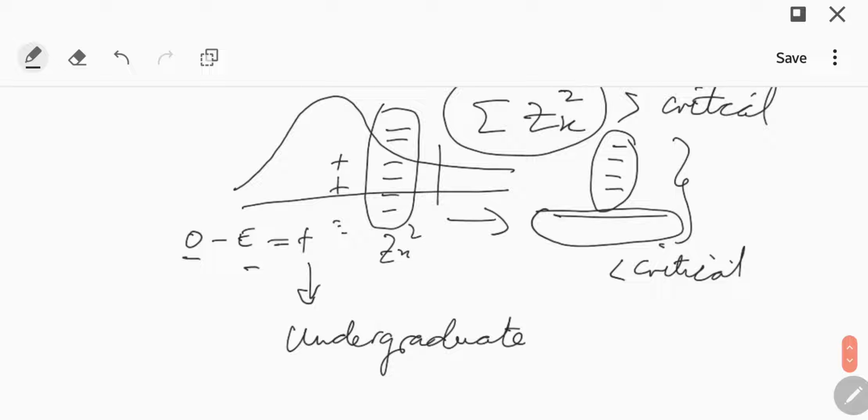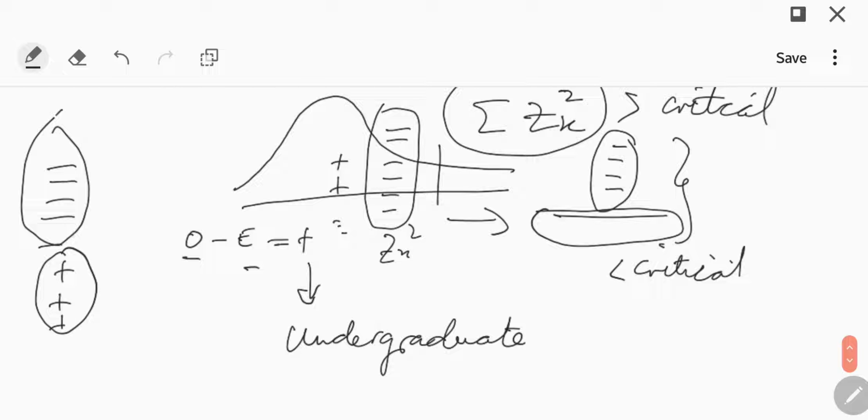And the other thing that could come out is there could be a lot of bias in a lot of age groups. So there will be some negatives, then positives, so some kind of grouping in the individual data could be there in the zx, apart from the zx squared.